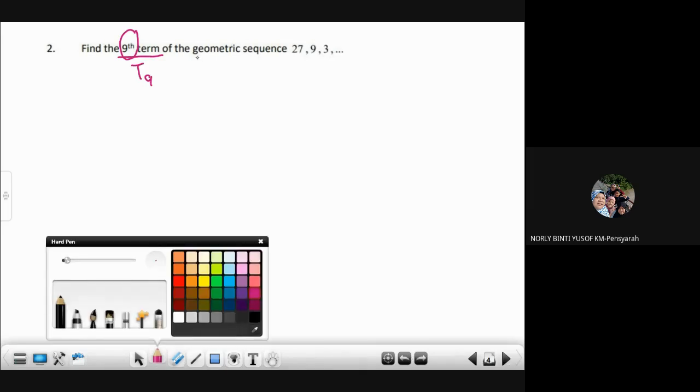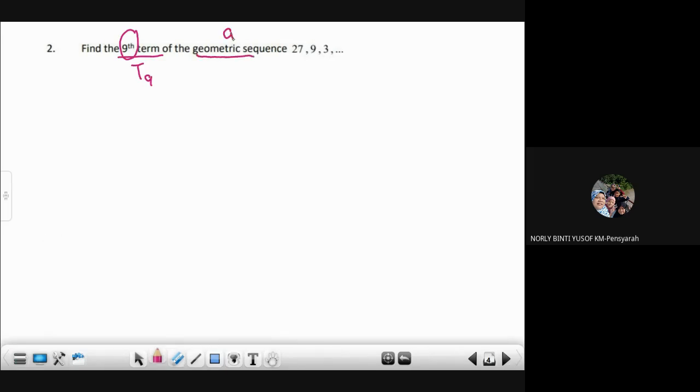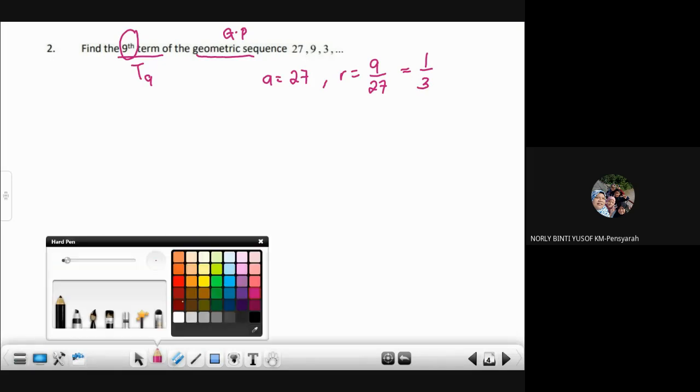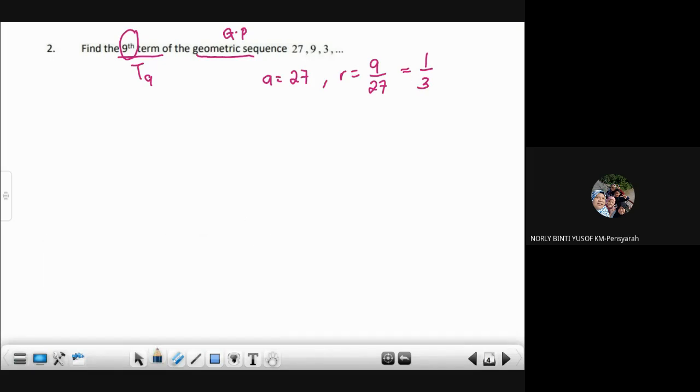It's stated to be geometric, that means GP, geometric sequence, and the question gives the first 3 terms: 27, 9 and 3. So your A, the first term, is 27, and R is 9 divided by 27, not 27 divided by 9, which is 1/3. So we have the fraction 1/3. So we find T9. Use the formula first.